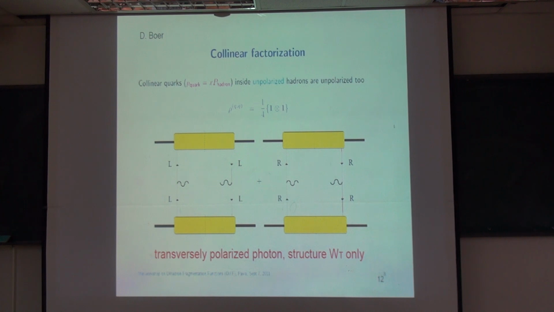In a naive picture, we have a left-handed quark and a left-handed antiquark collide and annihilate. Because the cross section is the square of the amplitude, we have left-handed or right-handed. This is the naive picture for the lepton pair production in the Drell-Yan process.